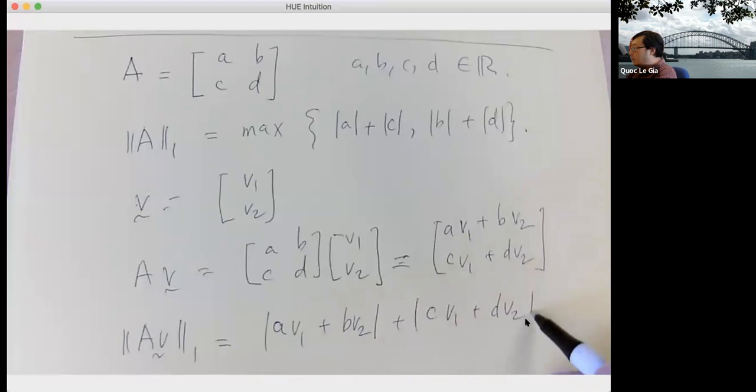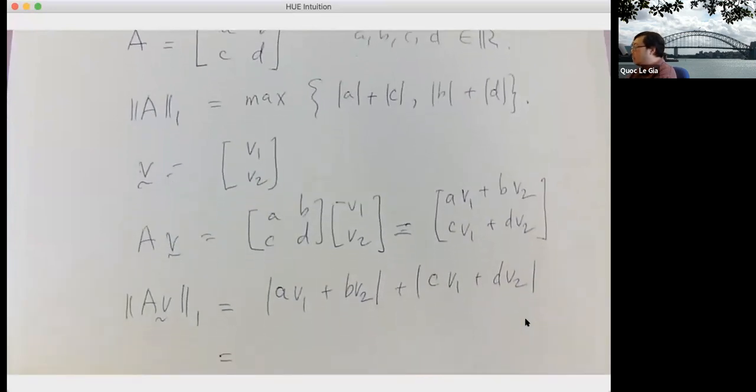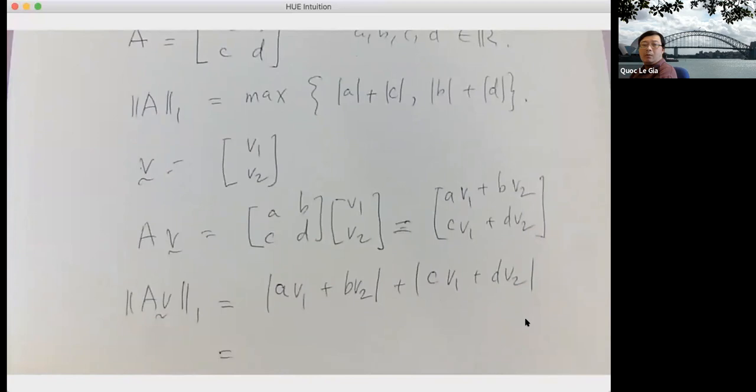Now let me use the triangle inequality first.